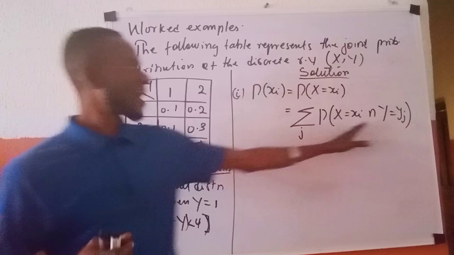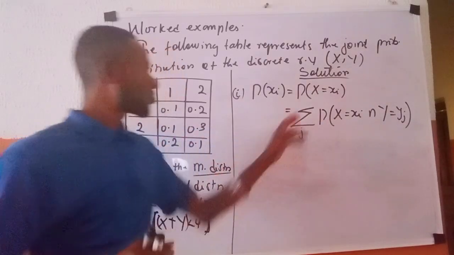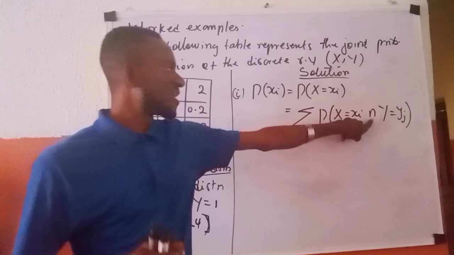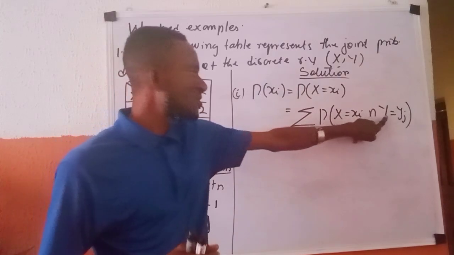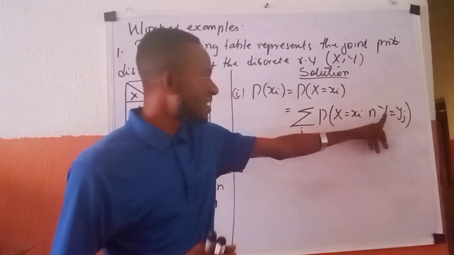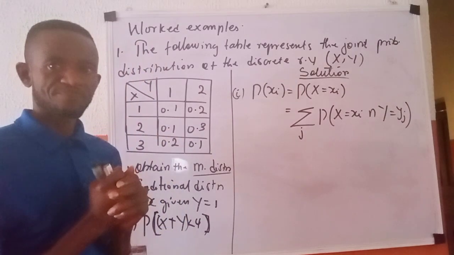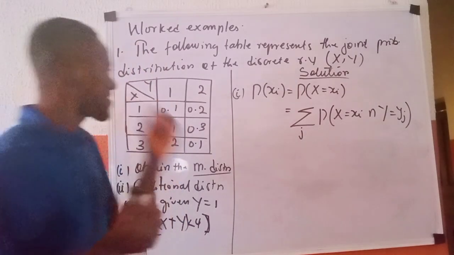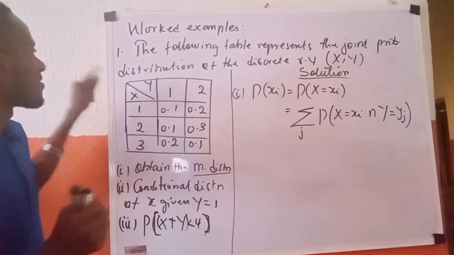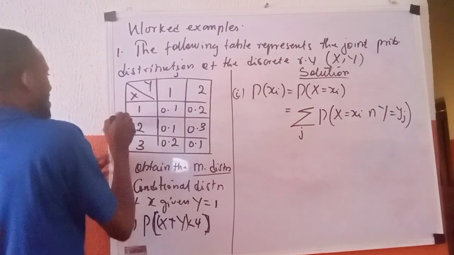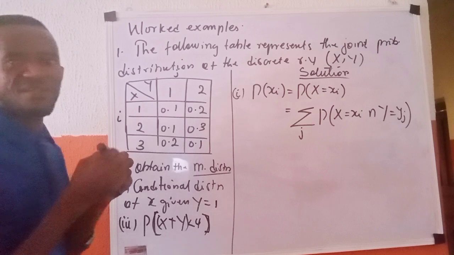So we are looking at the summation of the probability that x takes a value xi intersection the probability that y takes a value yj. Now we come here. Remember what we did before, here is my j, here is my i.